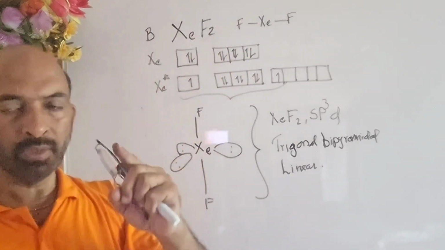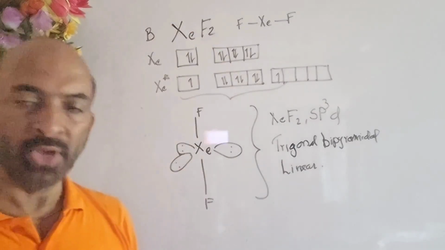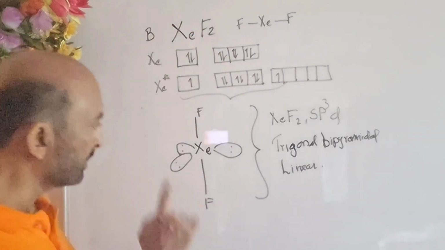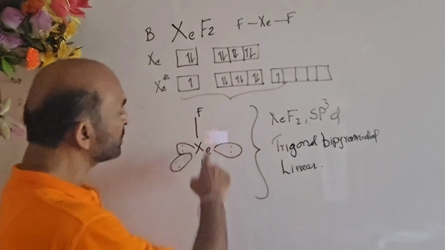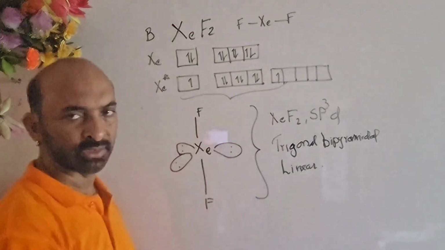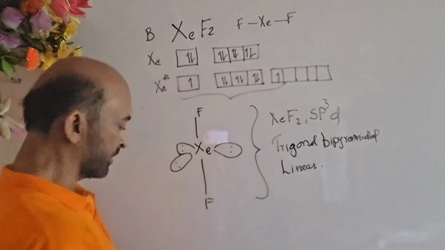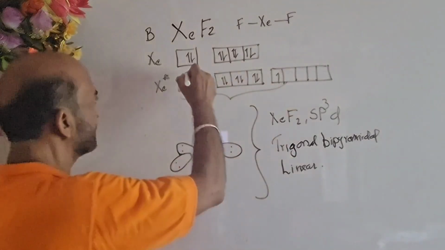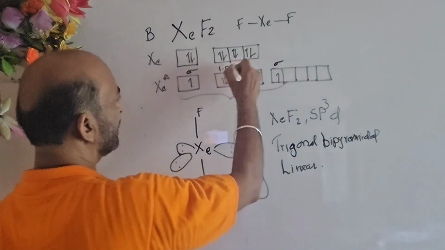So 3 equatorial, 2 axial, like that the 5 orbitals are distributed. In this particular case, the 2 sigma bonds are formed along the axis. This is a sigma bond, this is a sigma bond, and these 3 are lone pairs.